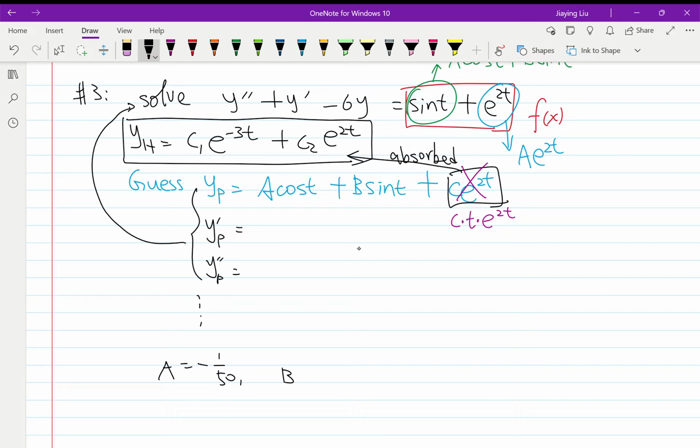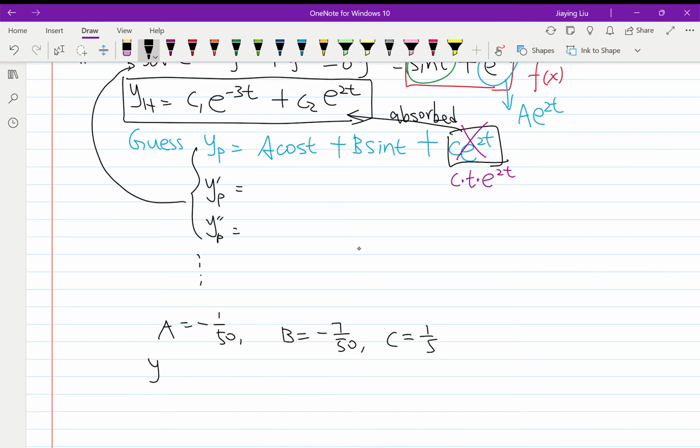B, double check, B ends up to be negative 7 over 50. And C is 1 over 5. And then you can write down the particular solution, the general solution from there. Questions?